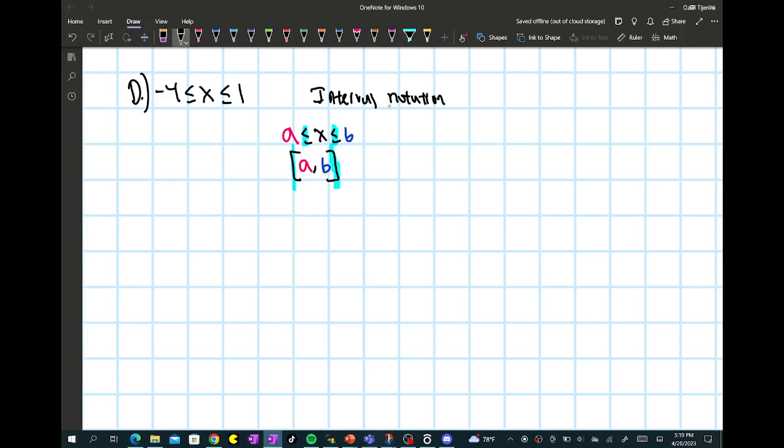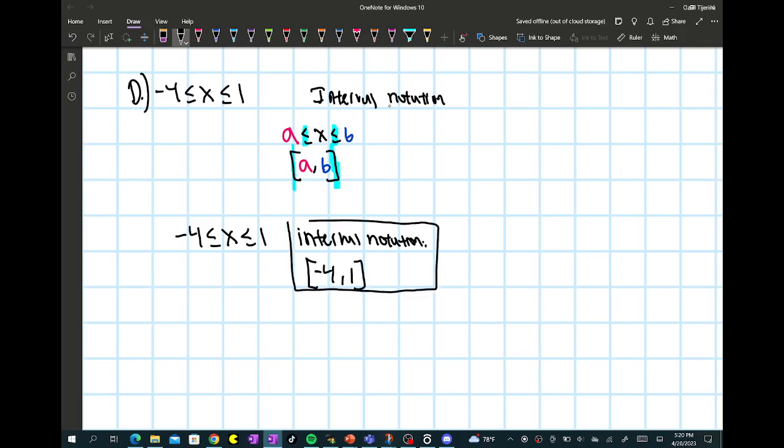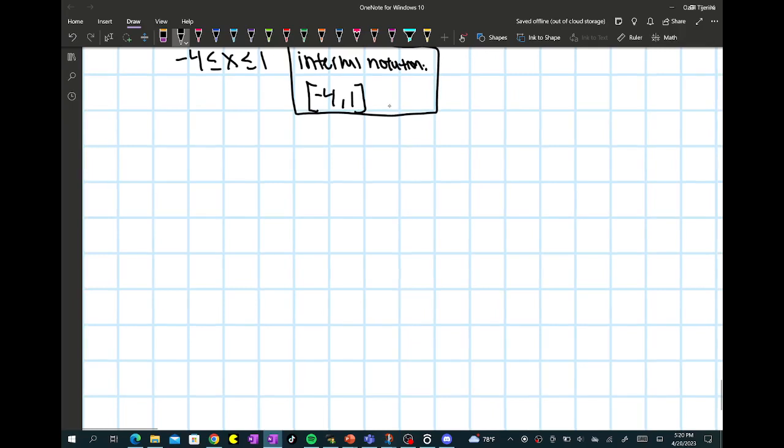So now in interval notation, if I write -4 less than or equal to x less than or equal to 1, this would be, hold on, this would be bracket, and it'll be -4 comma 1 close bracket. So that is how we would do this in interval notation.